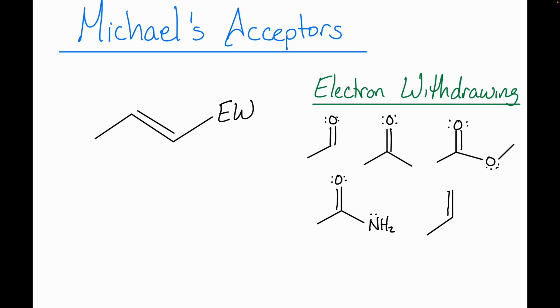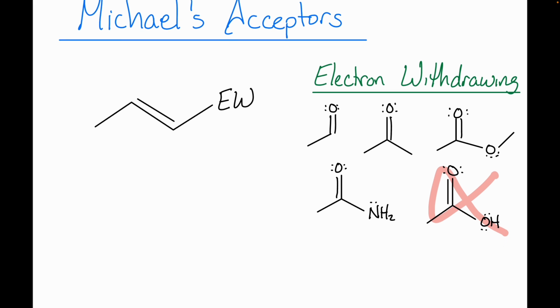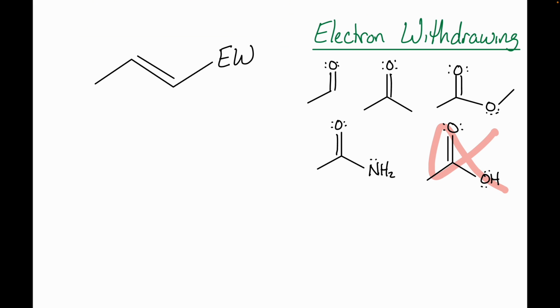Although a carboxylic acid is a good electron withdrawing group, we are going to scratch it from our list here because they're not really compatible with these Michael reactions. So even though it does count as an electron withdrawing group, it doesn't work for this particular set of reactions. Two others to add to this list, because they're a little bit more puzzling, are nitriles. These don't look the exact same, but we again have this high order bond to a more electronegative element.